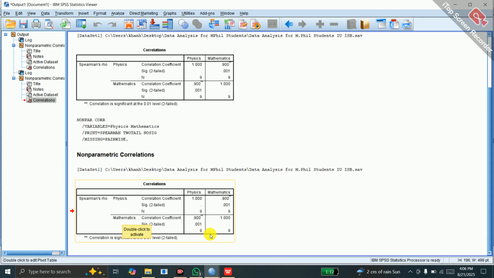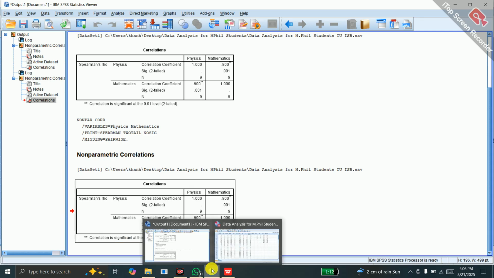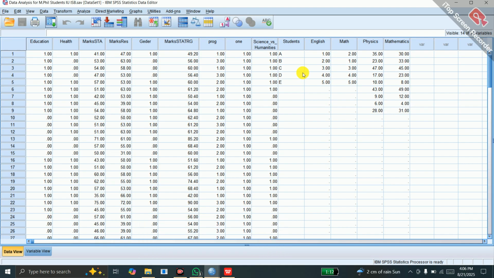Let me also give you another example, with data which is already ranked. Okay, so here are 5 students A, B, C, D, E, and that is the ranking of these 5 students in English subject.